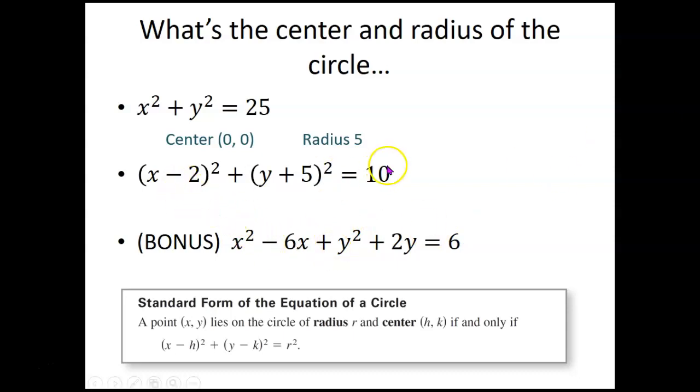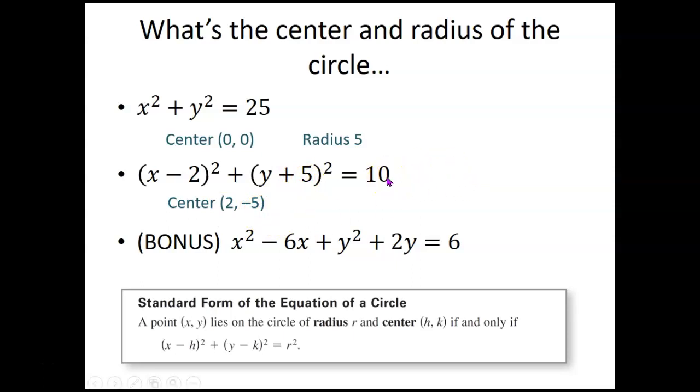What about this next equation? The x-coordinate of the center is 2. The y-coordinate of the center is, notice this is a plus instead of a minus. If we want to think of this as y minus something, that something would have to be negative 5. So the center point has 2 for the x-coordinate and negative 5 for the y-coordinate.